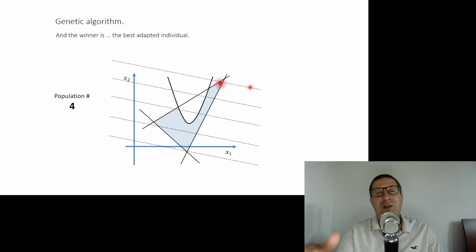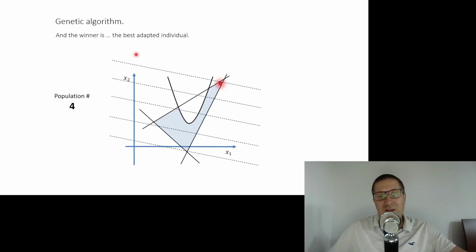For instance, it can be a simulator that tells us that for these particular values of the parameters x1 and x2, let's say for this particular temperature and this particular flow, the heat losses in the district heating network are at a particular level. We don't know how it was calculated. We only have access to the simulator that sends us the results. Then we can try to use the genetic algorithm.